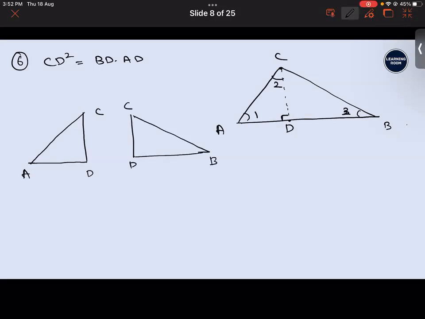If this angle, for example, let's say is x, then how much will this angle be? 90 minus x, because angle C is given as 90. So this is 90, here also it is 90, so on the other side also it is 90. If angle 1 is y, then what is angle 3?